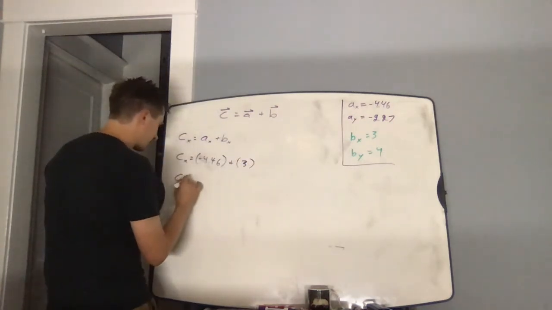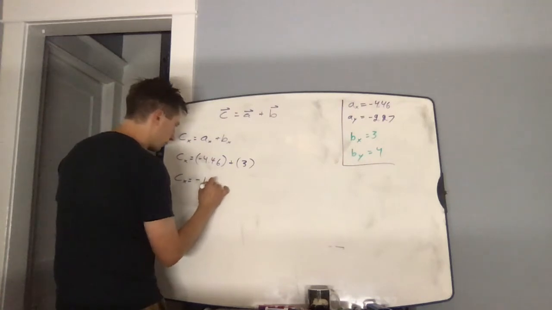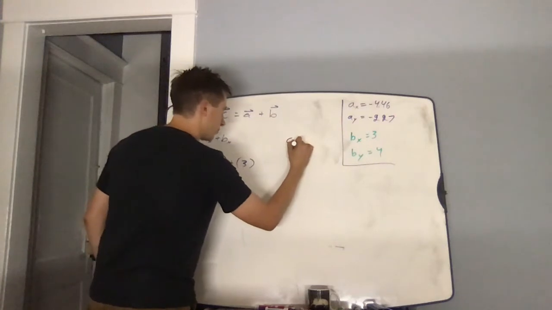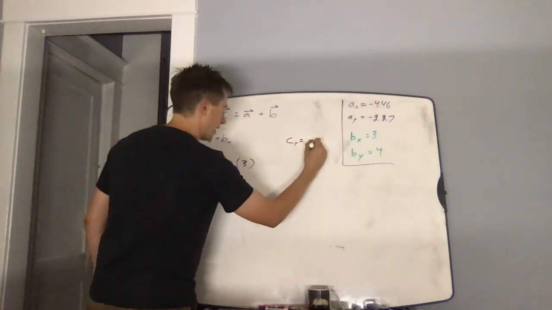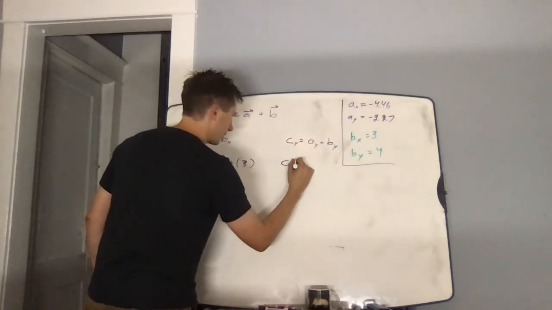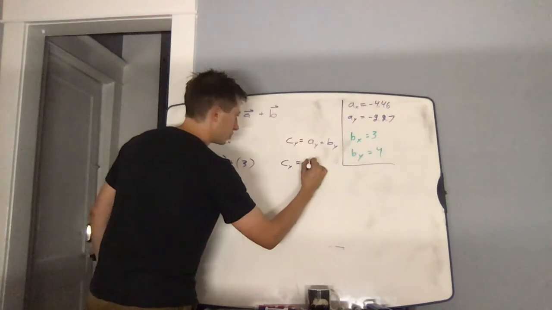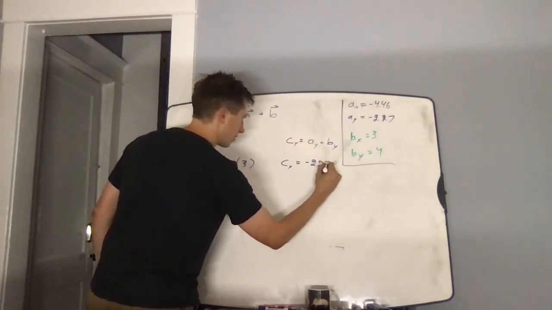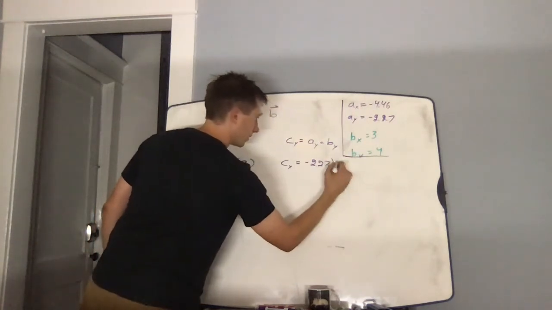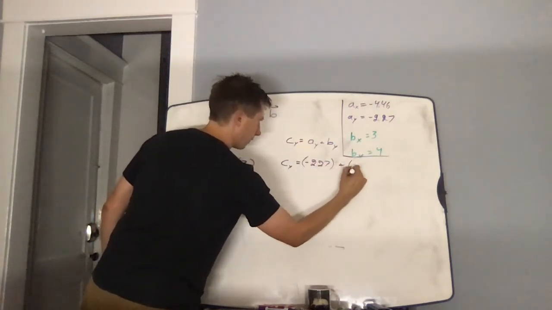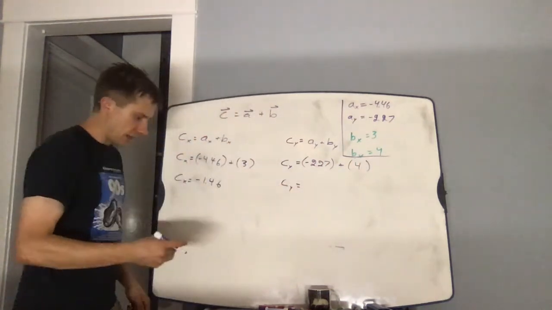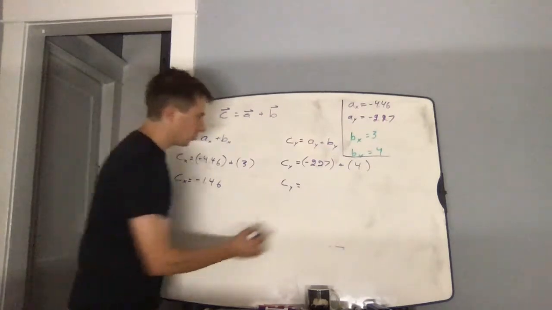So Cx is equal to negative 1.46. And very similarly, Cy is equal to Ay plus By. So Cy is equal to negative 2.27 plus 4, 1.73.